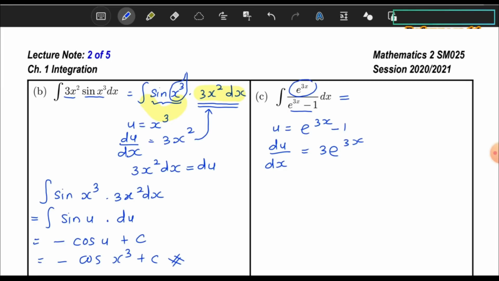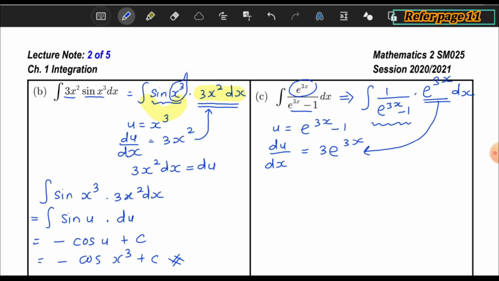Okay, and the integral here can be written as integrate 1 over exponent 3x minus 1 times exponent 3x dx. Okay, the first part is related to u. And if we compare the remaining function, the function at the back, with the derivative, we can rearrange exponent 3x dx equal to du over 3.